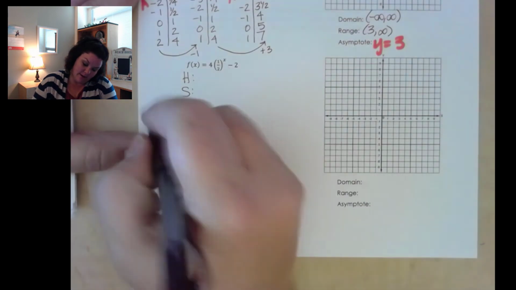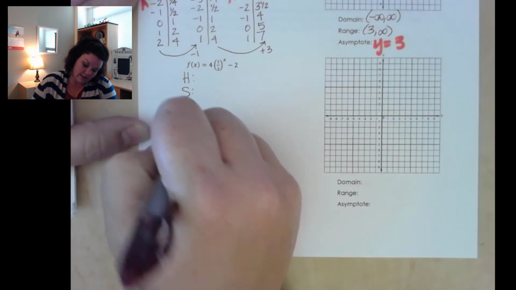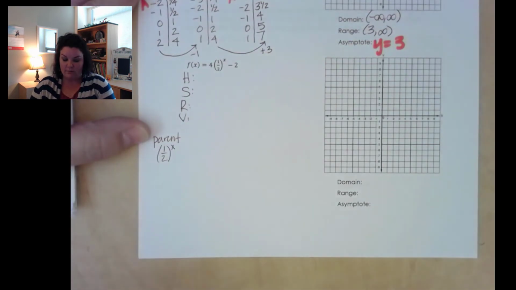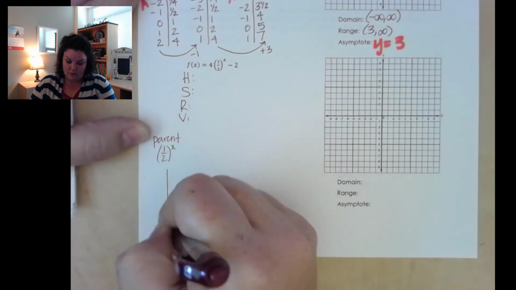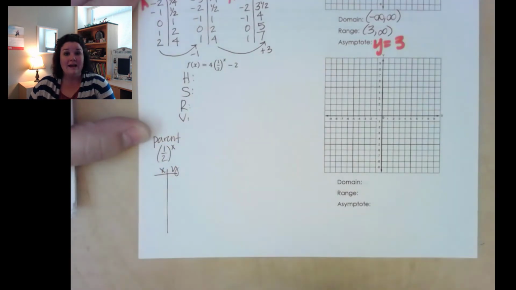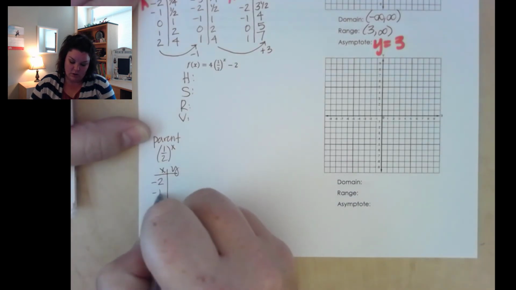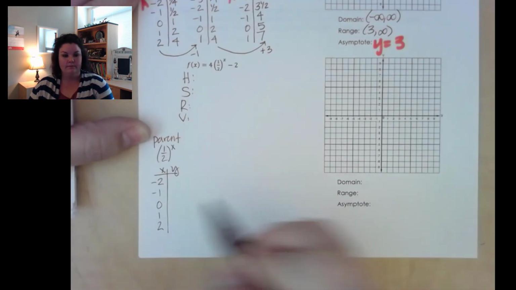So that means that my parent function is going to be 1/2 to the x power. That's the most basic form of this function. So I'm going to go ahead and create a table using 1/2 to the x. And again, I'm just going to pick -2, -1, 0, 1, and 2.